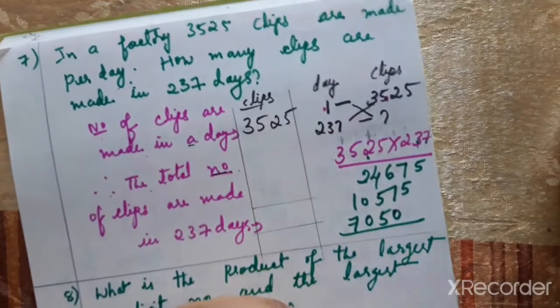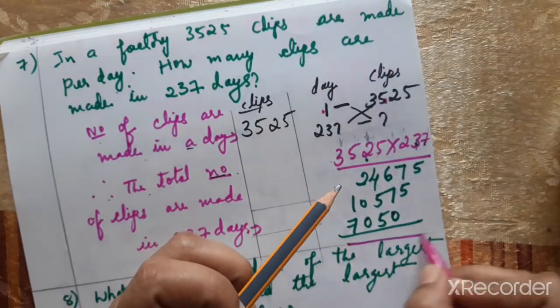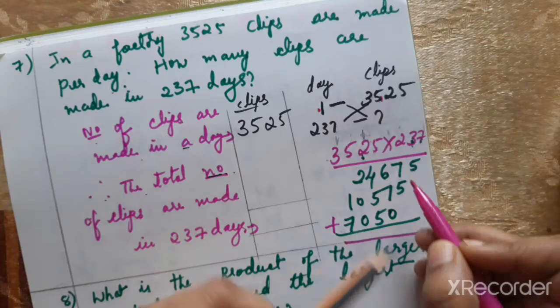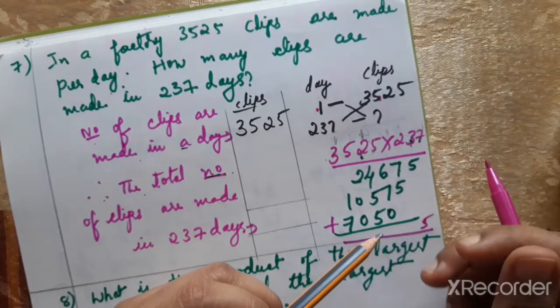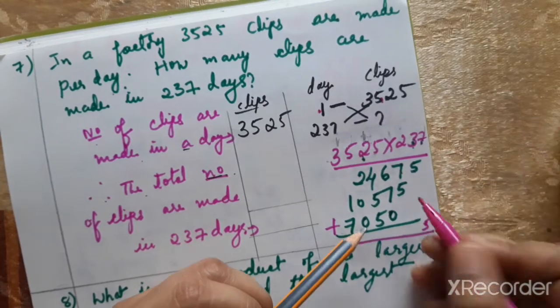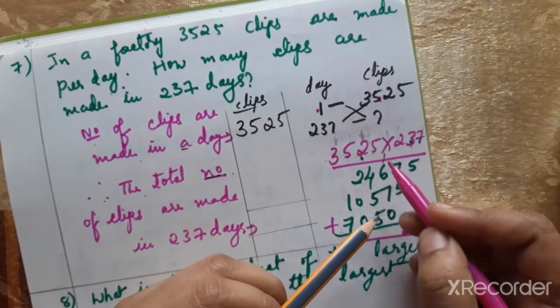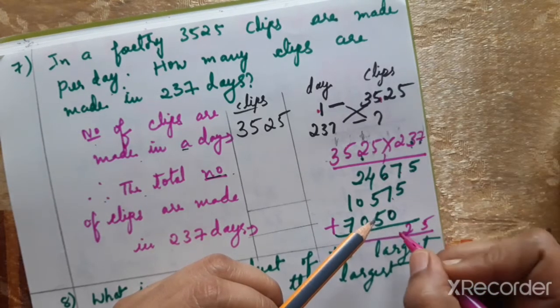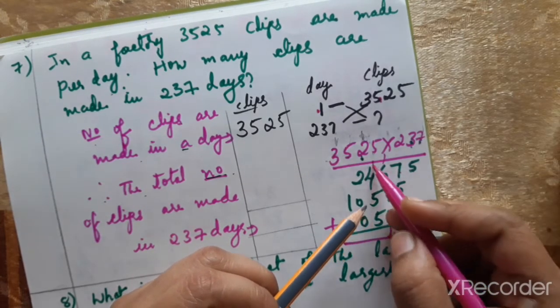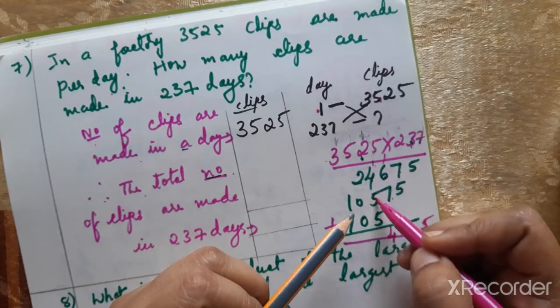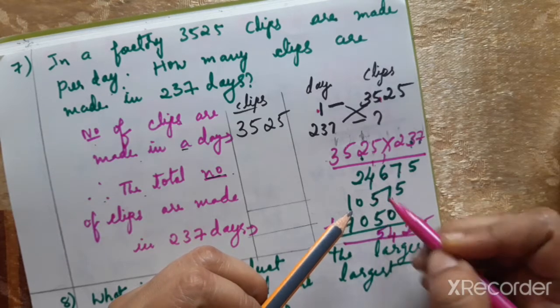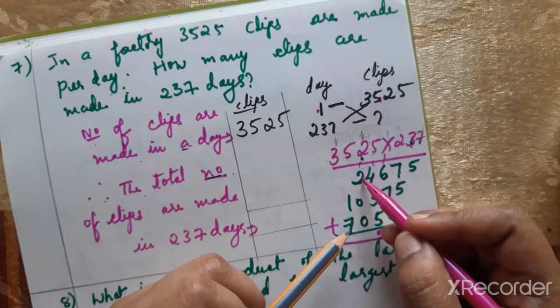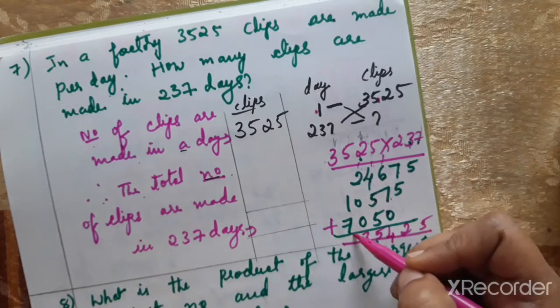Now find the total. Write the total here. 5. 7 plus 5 is 12. So 2, 1 carry out to the next place. 1 plus 6, 7, 7 plus 7, 14. So 4 here, 1 carry out to the next place. 5 plus 5, 10, 15. 5 here, 1 carry out to the next place. 1 plus 2 is 3. 7 plus 1 is 8.